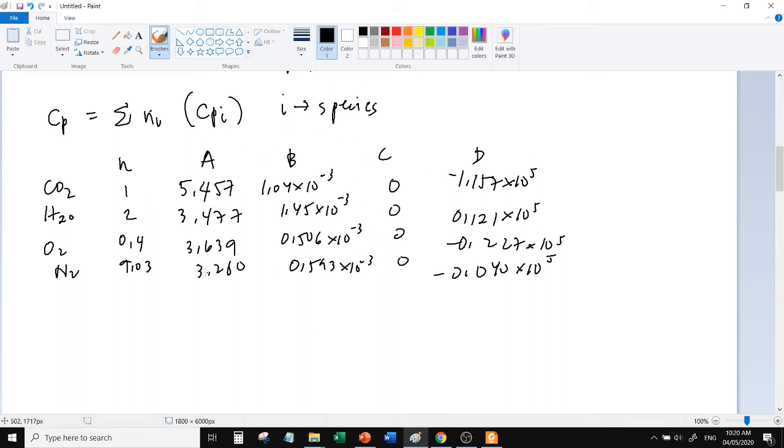We get the sum multiplied by their corresponding, don't forget you need to multiply by their corresponding moles. Okay? Number of moles. So, 43.471, 9 point, 9 point.